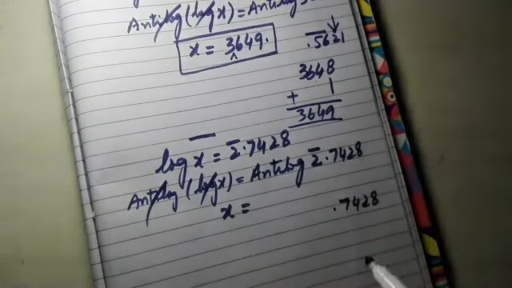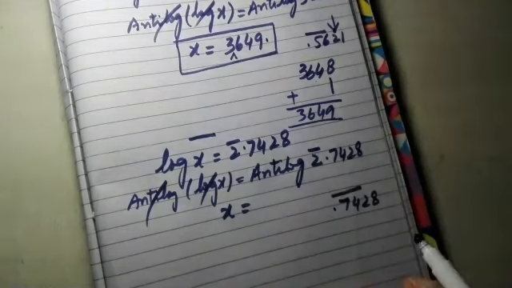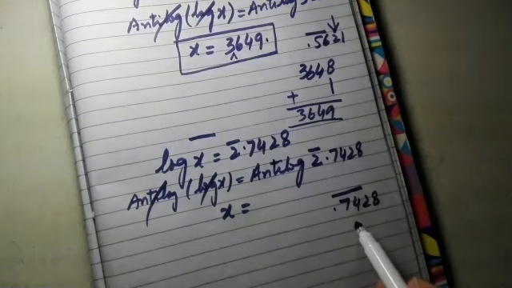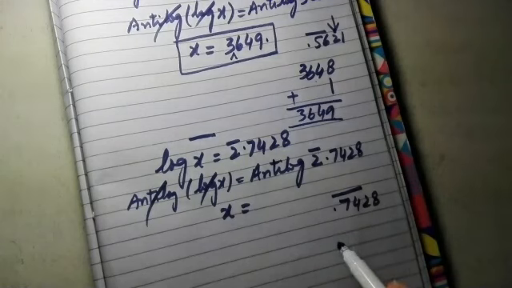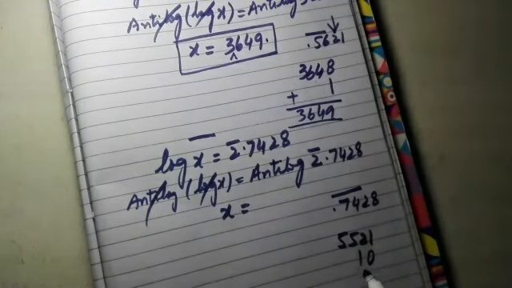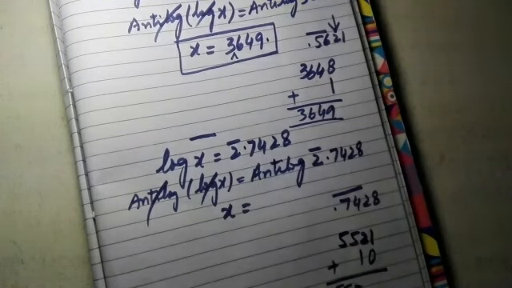If we notice 0.74 in the column of 2, it is written as 5521, and 0.74 in the difference column number 8 is written a number that is 10. So I will have to add up. This will become 5531.